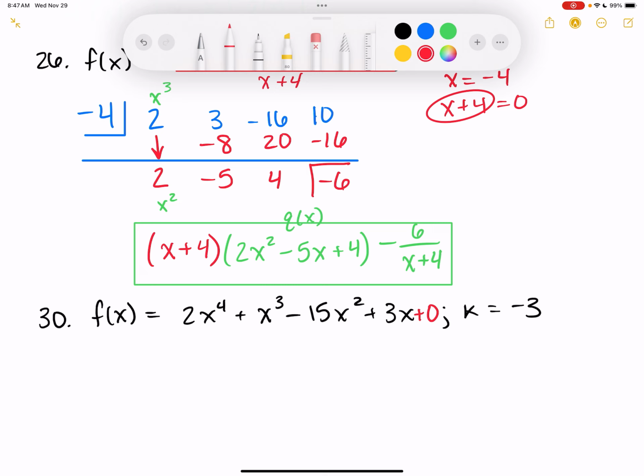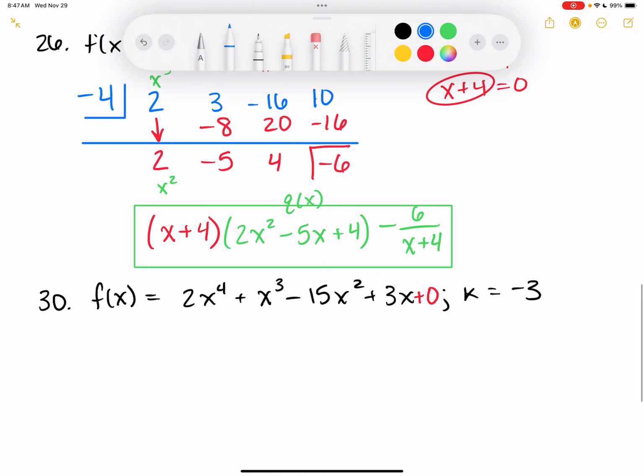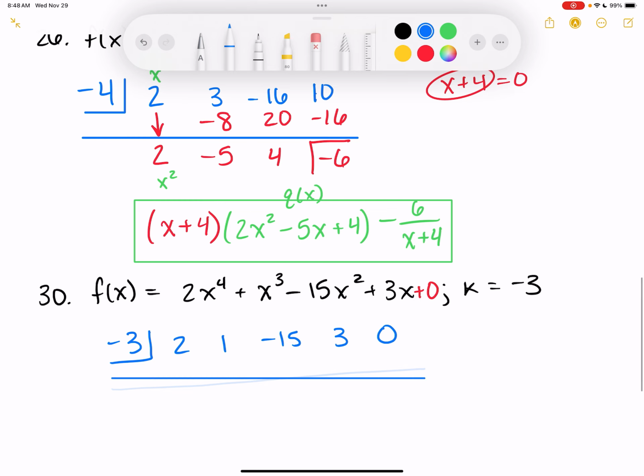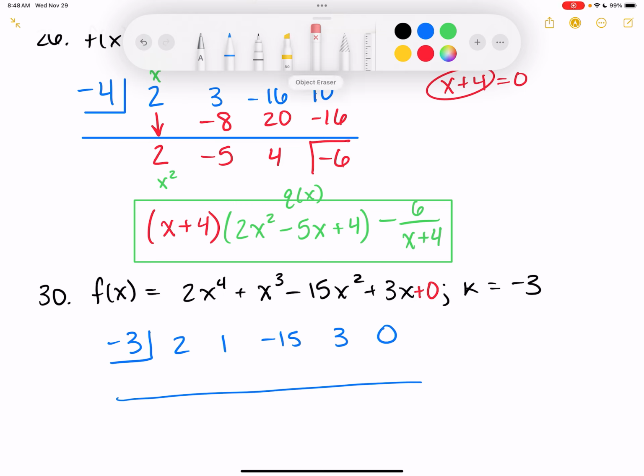They gave us k, that means we plug in exactly. So -3 in the box, and then copy numbers down: 2, 1, -15, 3, and 0. Then bring down our 2.